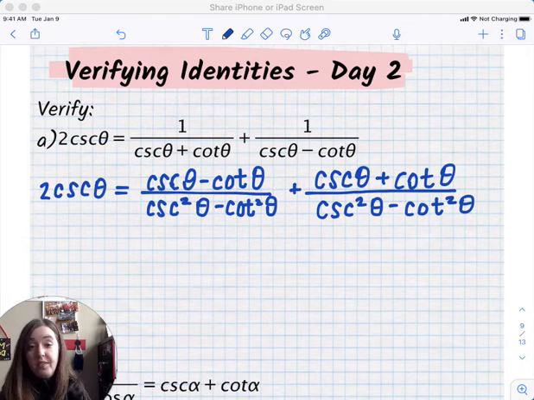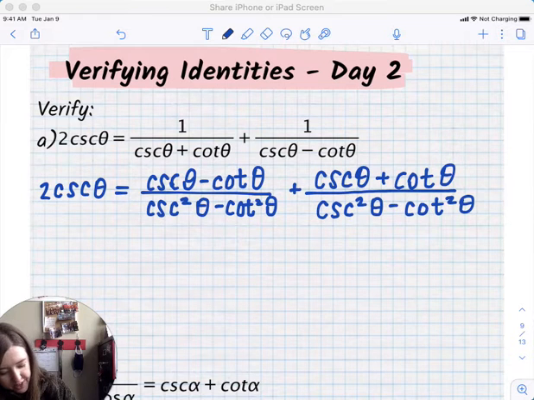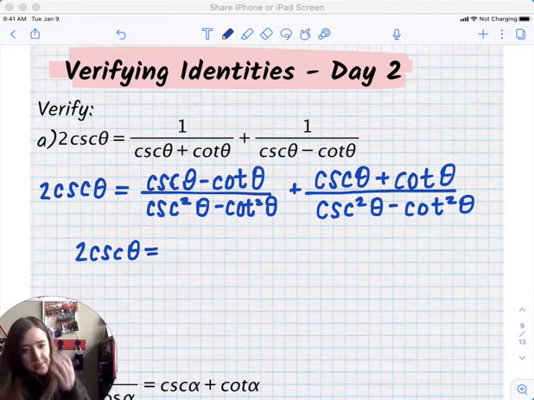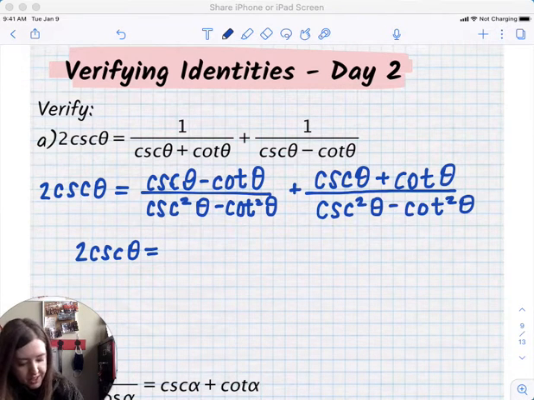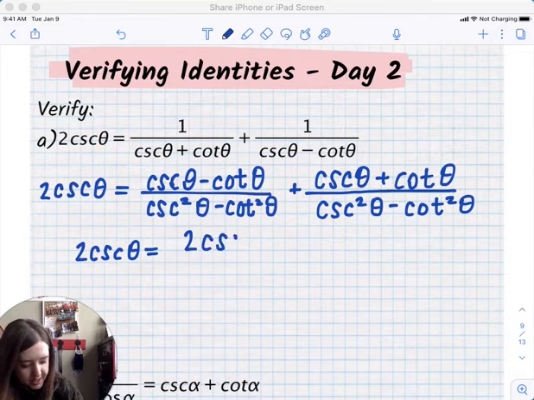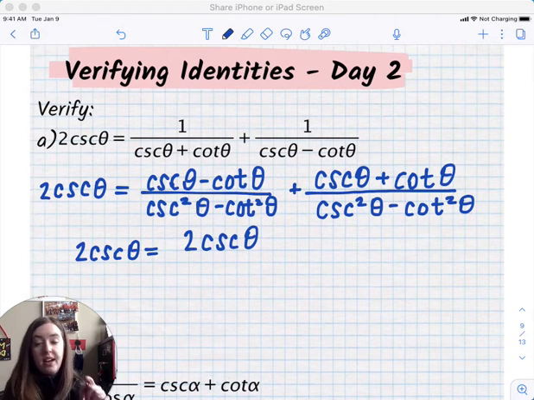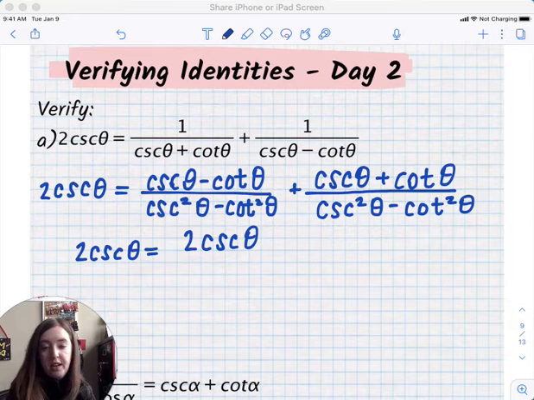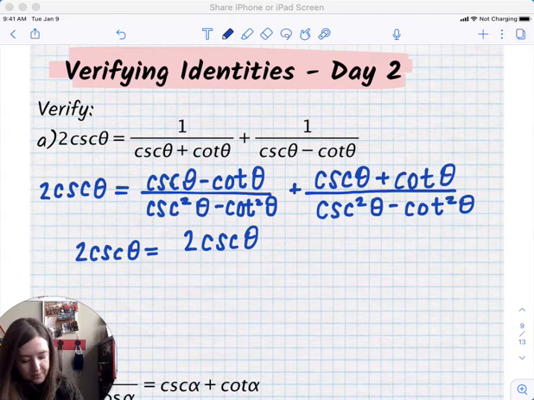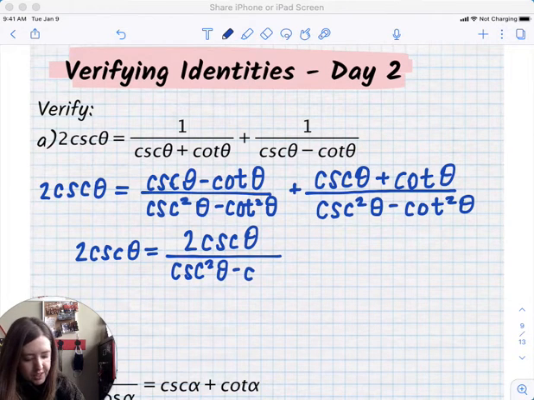So now that we have common denominators, we can go ahead and add our numerators together. So we still have that 2 cosecant theta out front. Cosecant plus cosecant is 2 cosecant. And then we have a negative cosine plus positive cosine, those add to 0. Over cosecant squared minus cotangent squared.